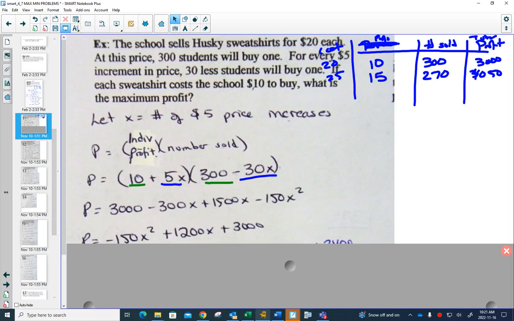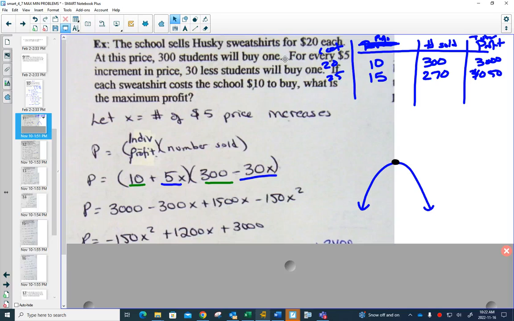Again, that's a parabola that's opening down. Because the a value is negative, we know we have a parabola that opens down. We are looking for that maximum. The y value will be the maximum profit, and the x value will be the value of x that gives you that maximum.